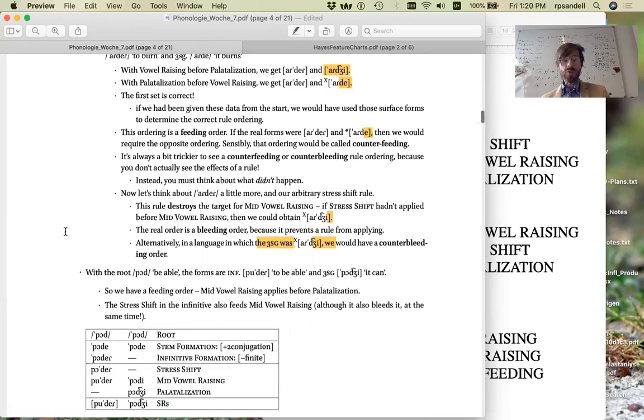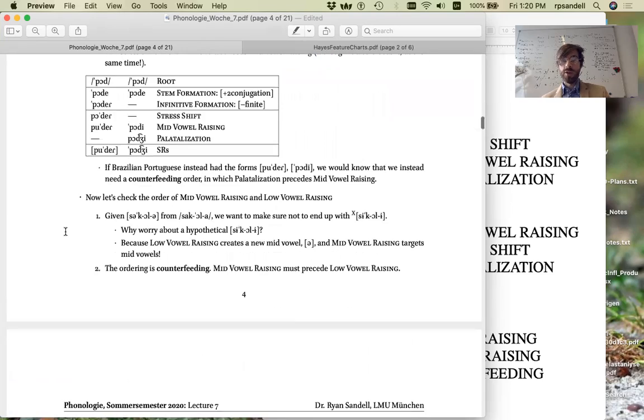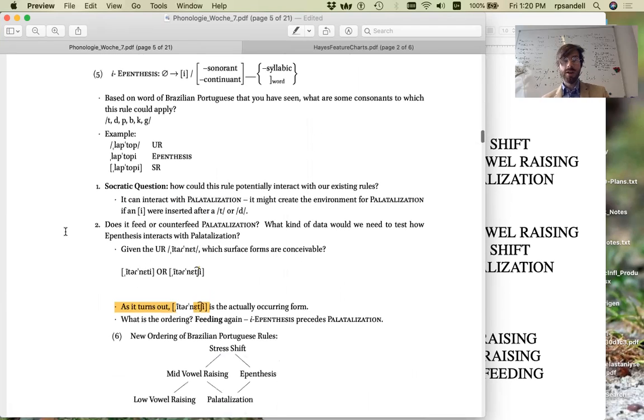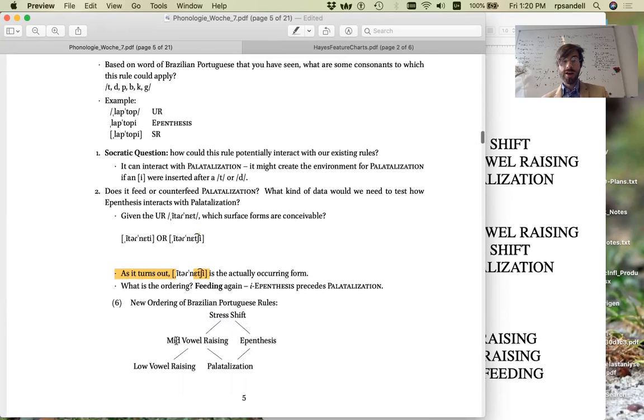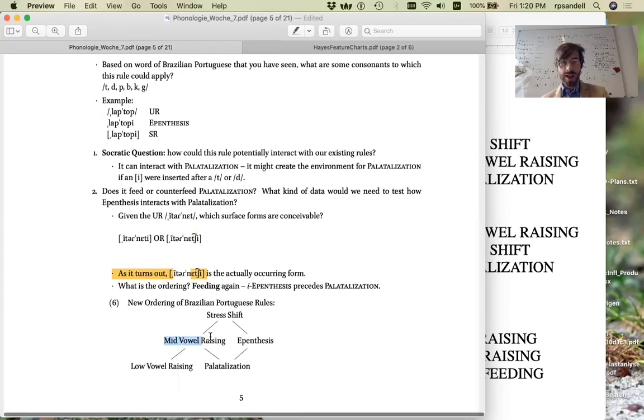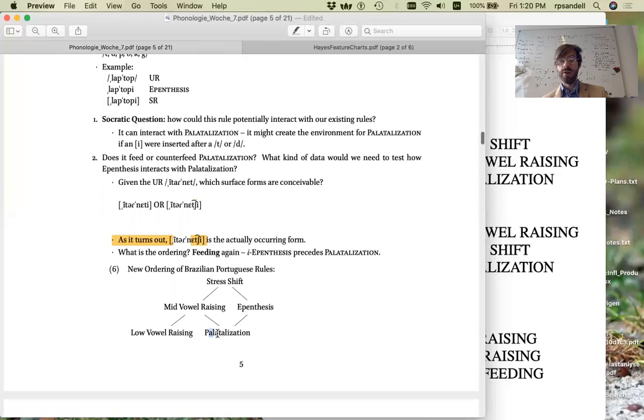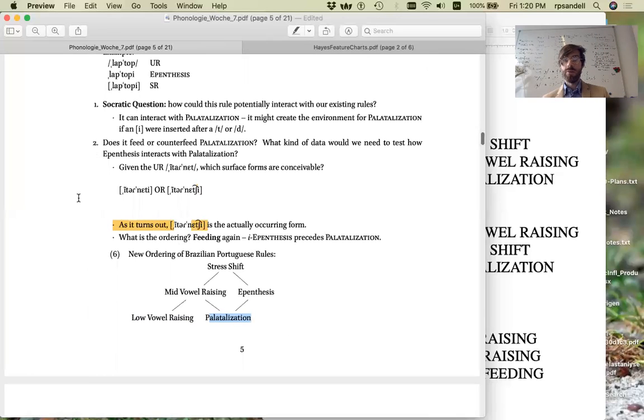And from there, we were able to work out the interaction between those processes and ultimately come to the conclusion that our rule of mid-vowel raising needed to precede the processes of mid-vowel raising and palatalization. And lastly, we introduced a further process of E epenthesis, which turned out to also have to feed the process of palatalization.